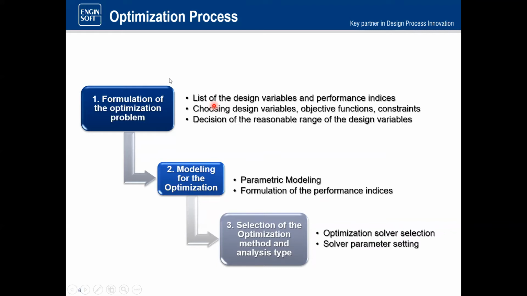And then the performance indices are the outputs basically from the simulation. What can the system achieve? And then once you have narrowed down which design variables you're going to use, then some of the performance indices become objective functions. Other performance indices may become constraints.